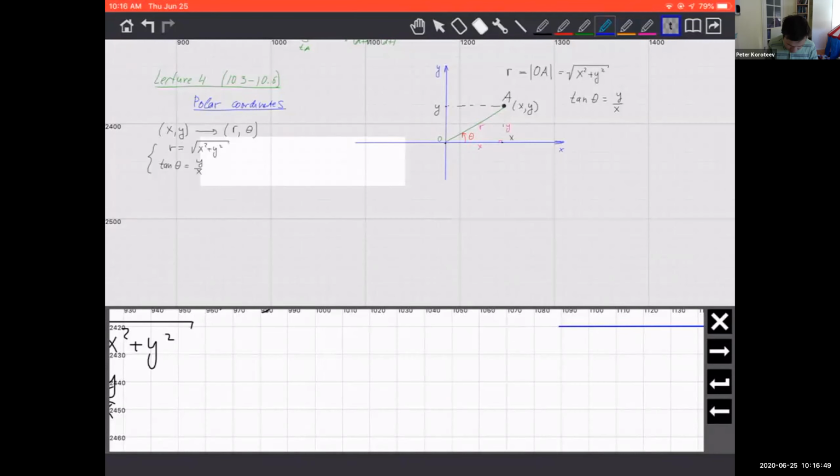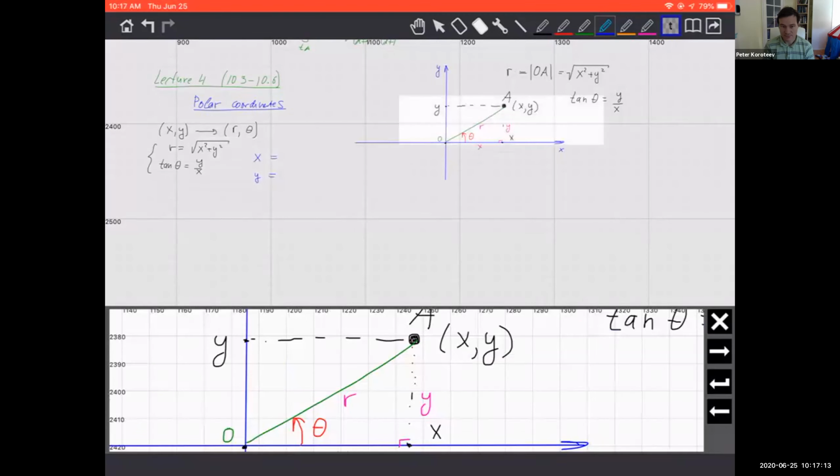Maybe I can ask you, what should be the formulas that describe the transition from x and y to r and theta? What are these formulae? We can read them off from the right triangle over here.